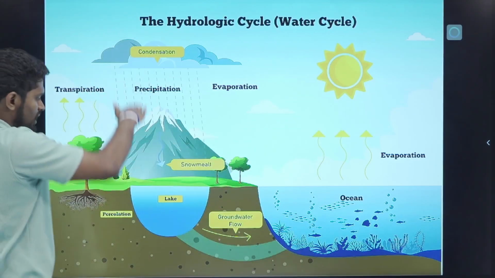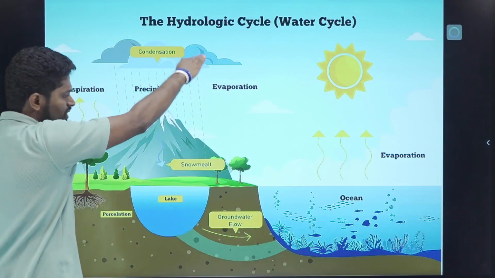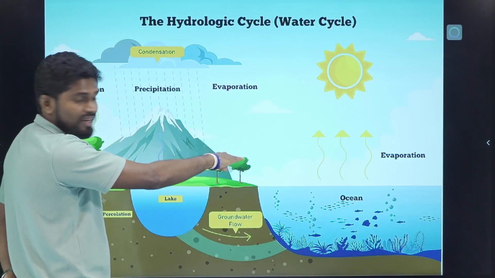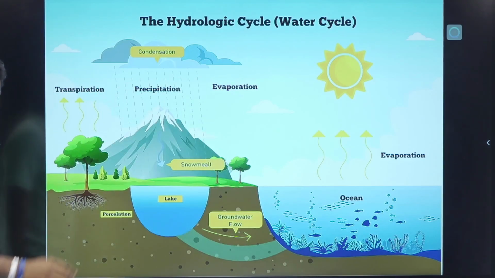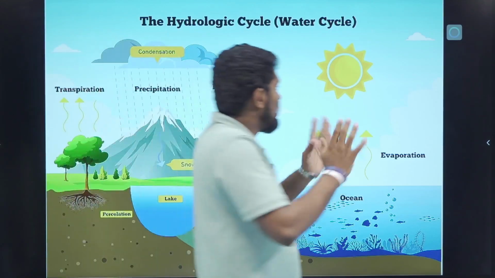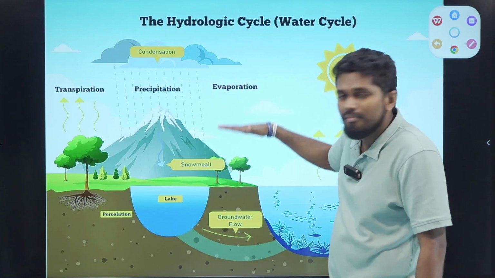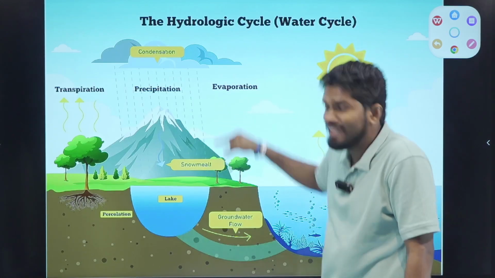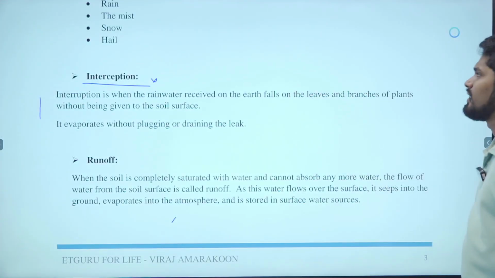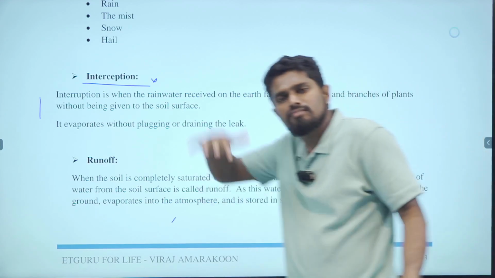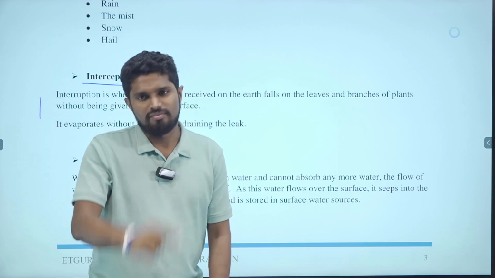But what happens is it comes onto the top of the tree leaves and again evaporates. The precipitated water comes to the top of the leaves and evaporates again, going back up. That's the process we can call interception.